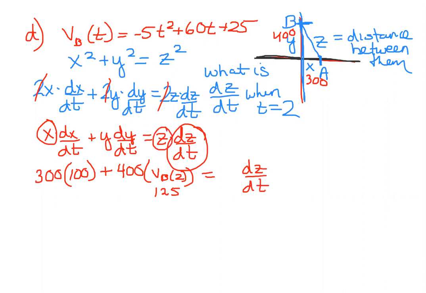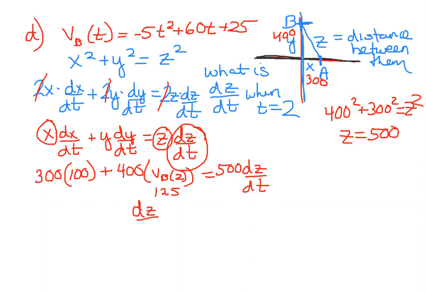We're going to have to say 400 squared plus 300 squared equals z squared. And you're going to get z equals 500. And then you're going to solve this, and you're going to get dz over dt equals 160 meters per minute. That's the rate at which the distance between them is changing.